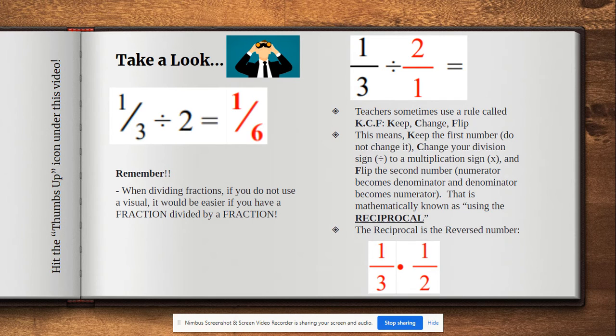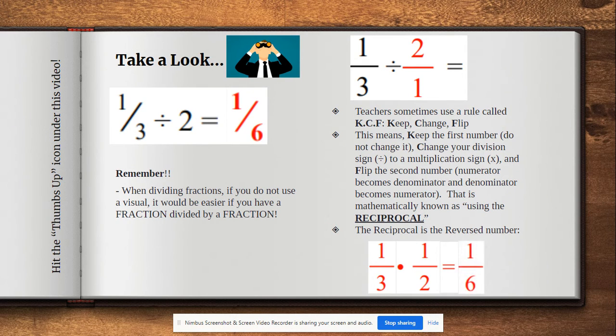And notice, your division of fractions has now become multiplication of fractions. You're basically doing the reverse. Well, that's good to know because the reciprocal is what you're using. So now we have 1/3 times 1/2. So numerator times numerator is 1. Denominator times denominator is, of course, 6.